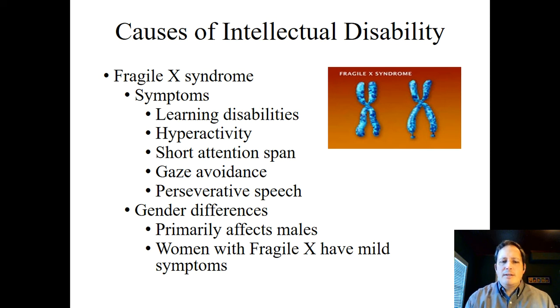There are also some characteristic facial appearances of someone with Fragile X. This includes an elongated face, high forehead, large jaw, and large, underdeveloped ears. We talked a little bit about the gender differences, and that women that have Fragile X tend to have much more mild symptoms than males.